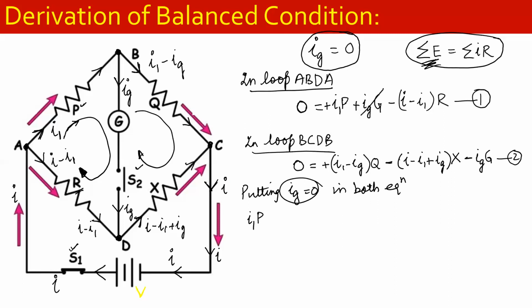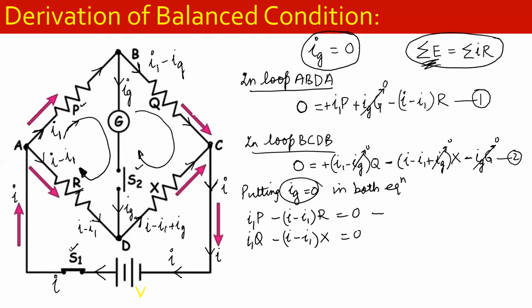So Ig will be 0 means this term will be cancelled, minus I minus I1 into R. This will be equal to 0. In this also Ig will be 0. Here also Ig will be 0. So the remaining equation will be I1Q minus I minus I1 into X. This must be equal to 0.